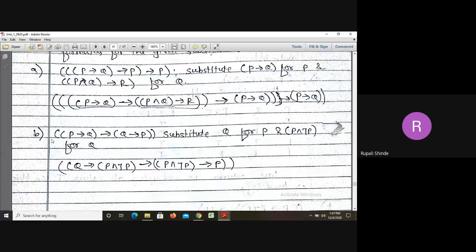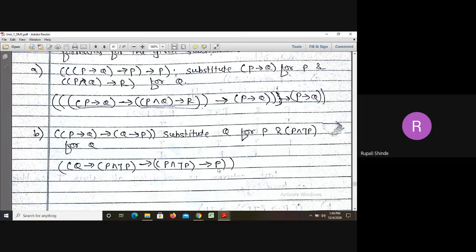Again, in this second example they have given, here we have to substitute Q for P and P and negation P for Q. So wherever we have written P, we have to replace it by Q, and for Q we have to write P and negation P. So for this P we have to write Q, and for this Q we have to write P and negation P. So again conditional, for this Q we have to write P and negation P, conditional, again for this P, Q. I have made a mistake here.